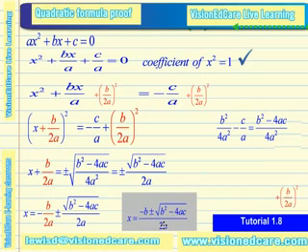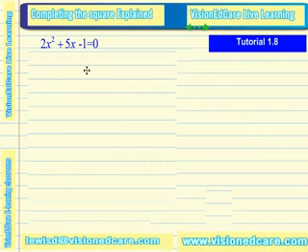Now what we're going to do here, we're going to use the same principle to solve a problem of the form given here, which is ax squared plus bx plus c equals 0. So let's try the application of this procedure to a question. Here we're given the question 2x squared plus 5x minus 1 equals 0.